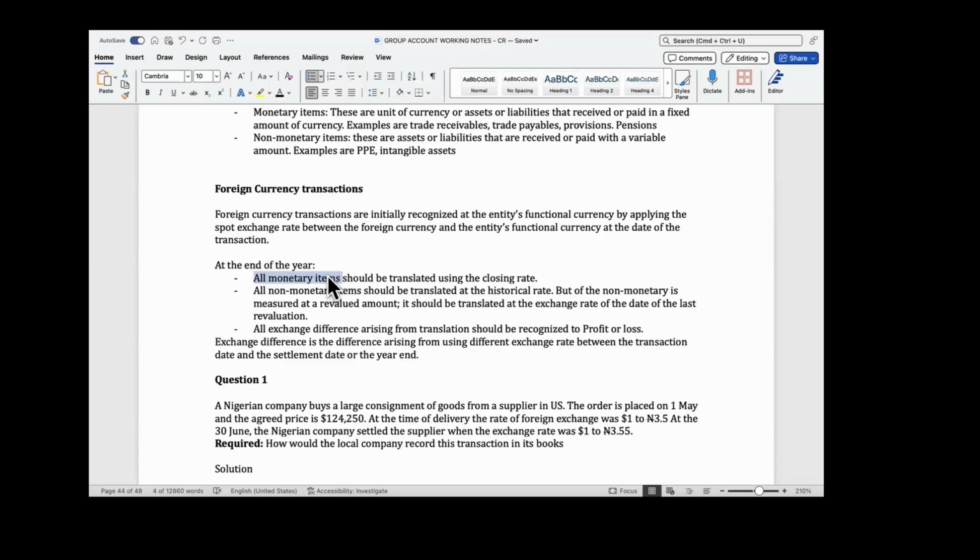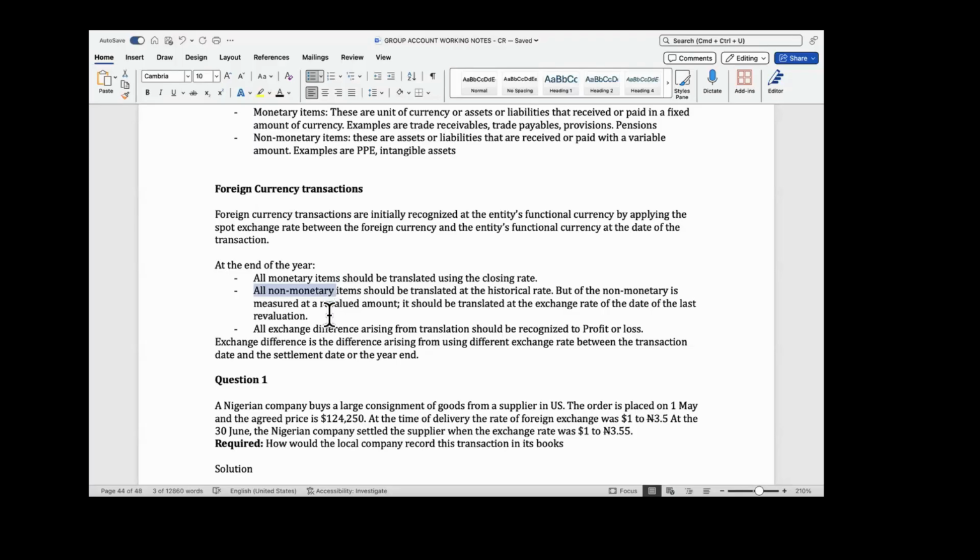Those are monetary items. Then we go on to things like loans or even your cash and cash equivalents. These are monetary items. Opposite of that is non-monetary, like PPE, intangible assets. Asset or liabilities that the amount you're expecting to receive or pay is not fixed, it's variable. You're not sure how much you use to settle. Those are non-monetary items. And we said that all non-monetary items should be translated at historical rates.